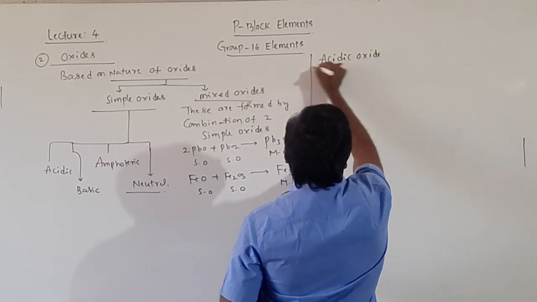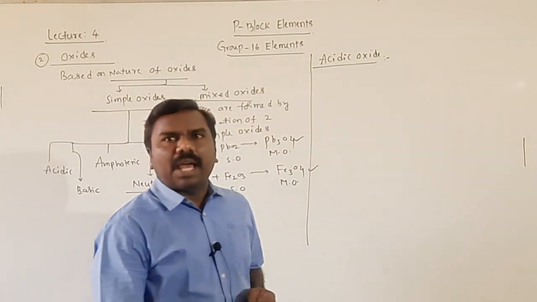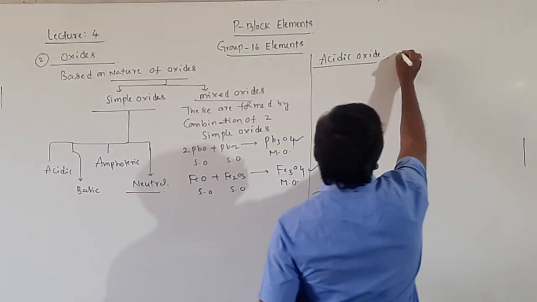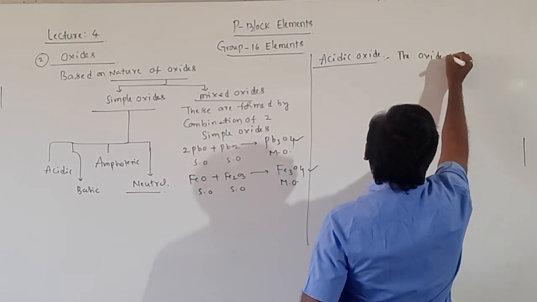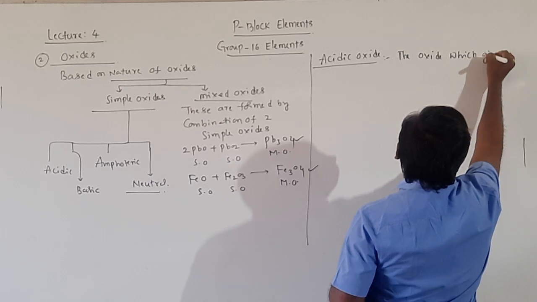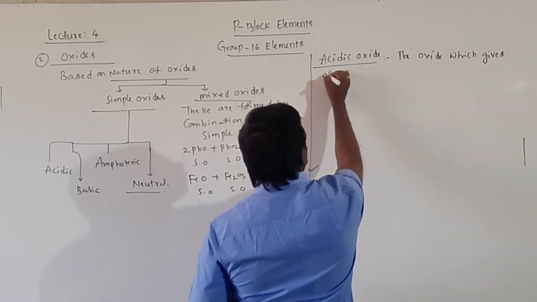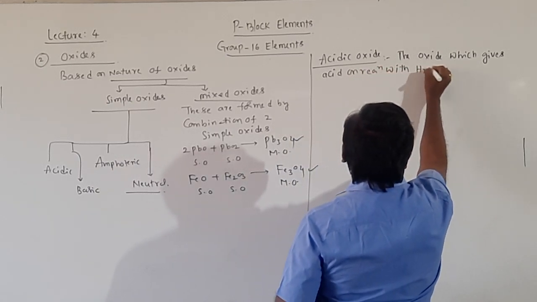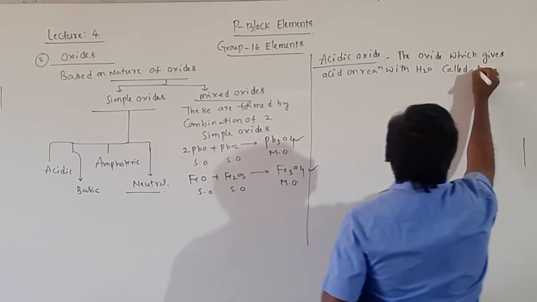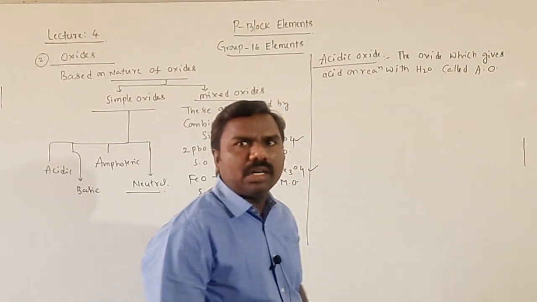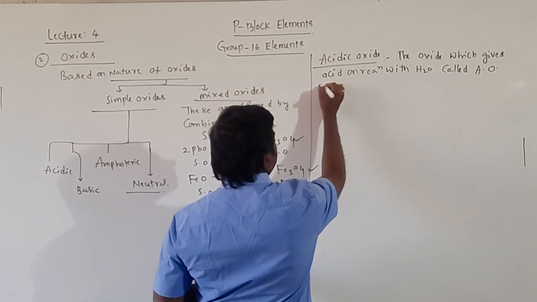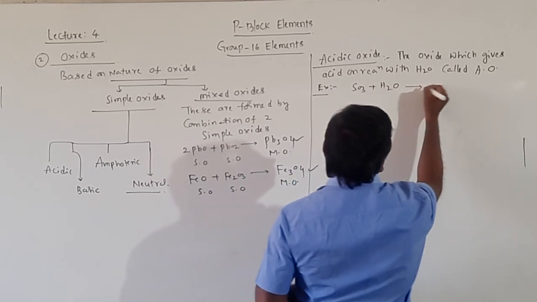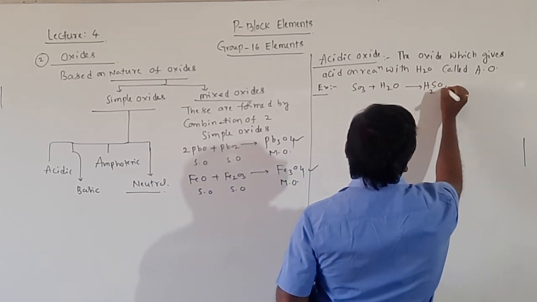The oxide which gives acid when it reacts with water is called acidic oxide. Example: SO3 plus H2O gives rise to H2SO4.